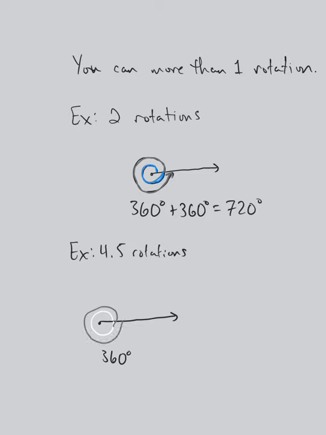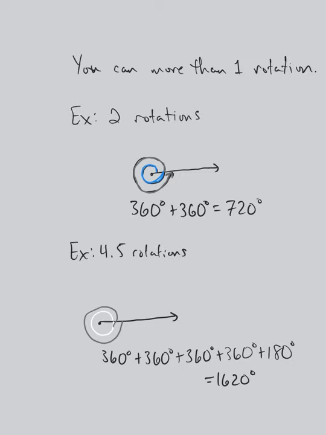That adds another 360, and hopefully you're starting to see the pattern. But I'm going to go 2 more times to get 4 rotations. But then I have another half rotation left. 4.5 rotations, so that's another half rotation. And like we said a minute ago, a half rotation is 180 degrees. So if you calculate that, you're going to get 1,620 degrees.